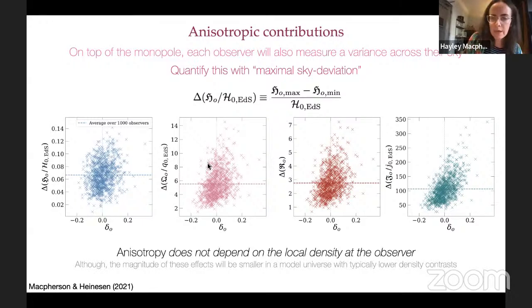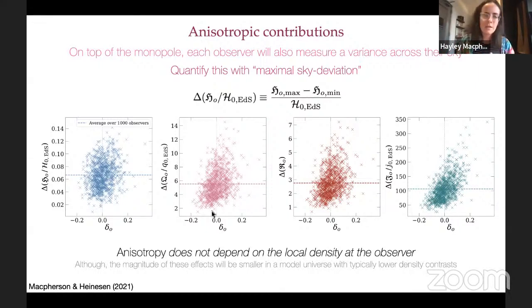Here again, each panel is a different parameter, on the x-axis we have the local environment of the observer, and each point is one of 1,000 observers showing this maximal sky deviation. The main point I want you to take away from this slide is that the anisotropic contributions don't care about the local density at the observer. There's really little or no correlation with the local density in terms of how large an anisotropic variation they'll see in these parameters.